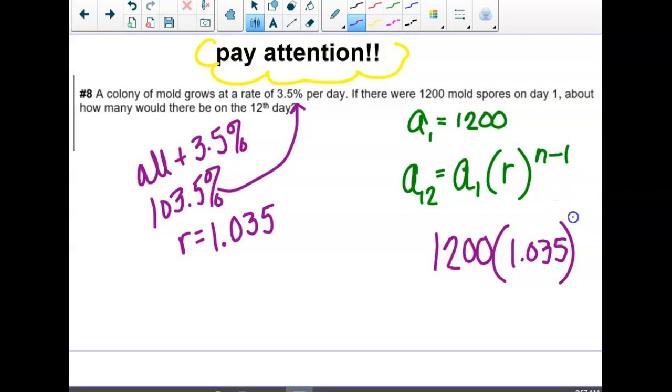It should be 12 minus 1 or 11. Okay, you should be able to type that one without me helping. 1200, 1.035 to the 11th. And it said about, so I'm just rounding to the nearest whole number. Somebody get that?